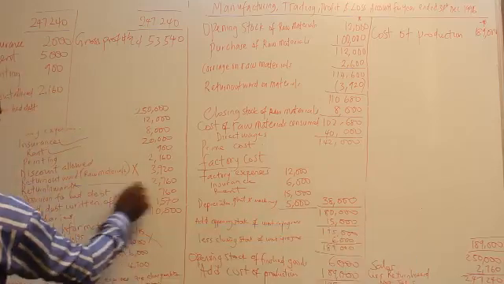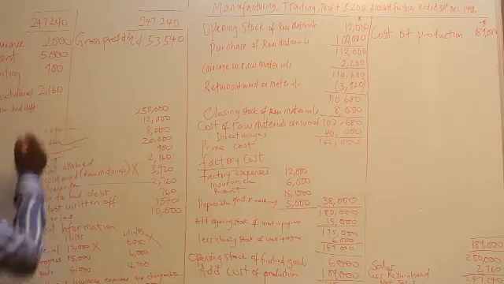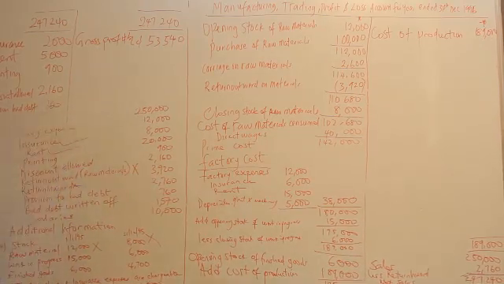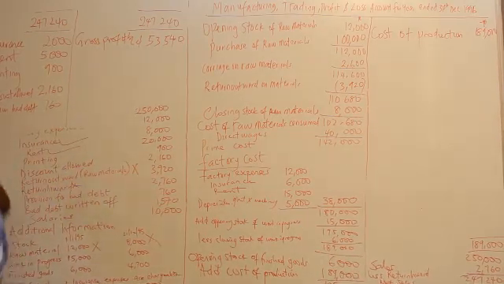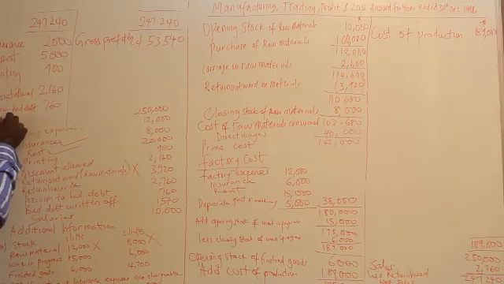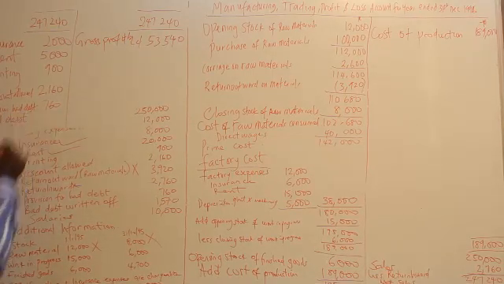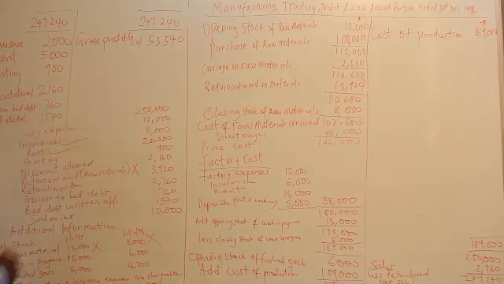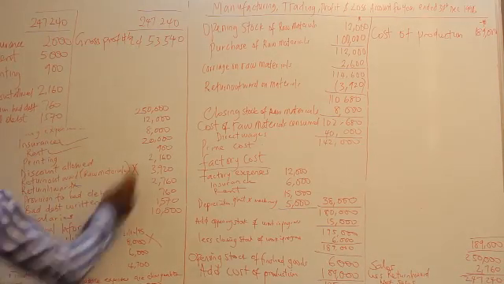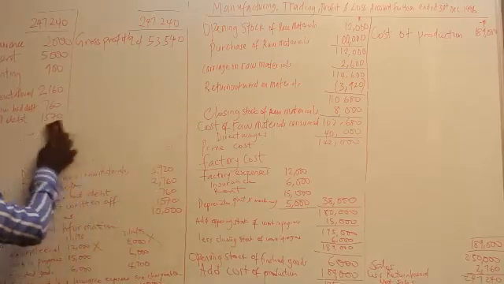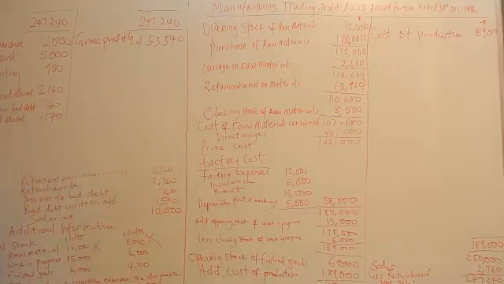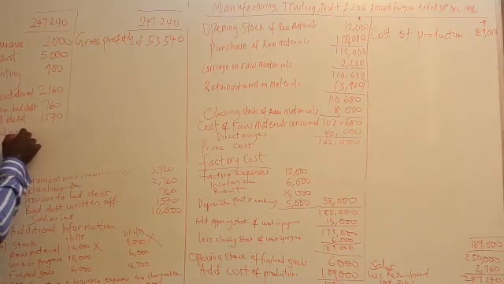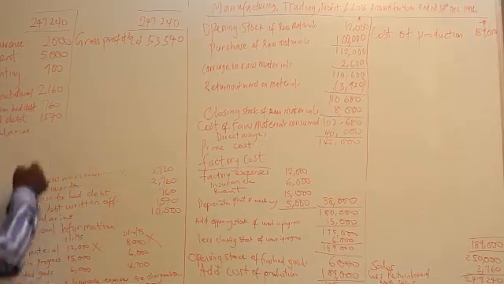We've done that. It's actually 760. So we also have bad debt, which is 1,570. The next thing we have is salaries, which is 10,000 naira.